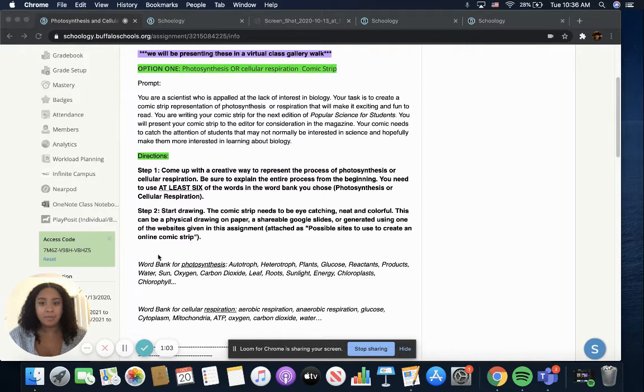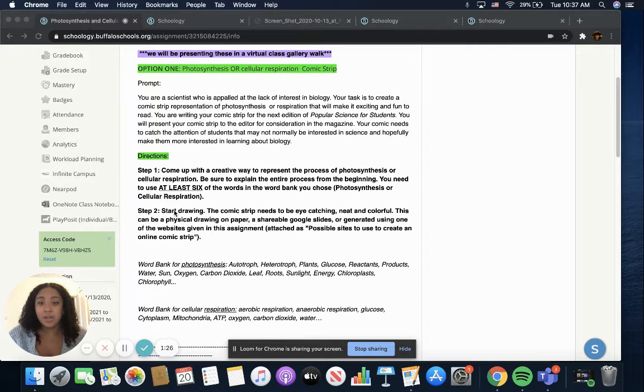So if you were doing photosynthesis, this is the word bank for you. If you're doing cellular respiration, this is the word bank for you. So I would choose 6 of the words in the photosynthesis word bank or the cellular respiration word bank if I'm doing a comic strip.